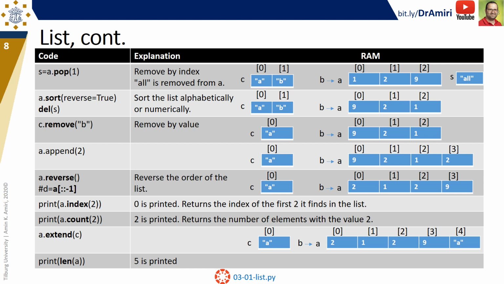A.extend(C) will append C, add C at the end of the list A. As you can see here, A is added as the fourth storage box to list A. And print len(A) prints the size of the list. It's very similar to the same len that you learned for strings.